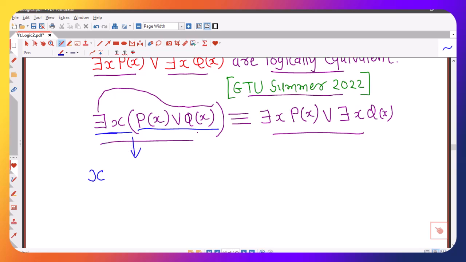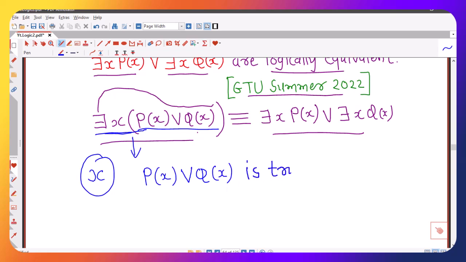So what is the meaning of this? This means there exists at least one x such that px or qx is true. And we know that px or qx is true if either px is true or qx is true.